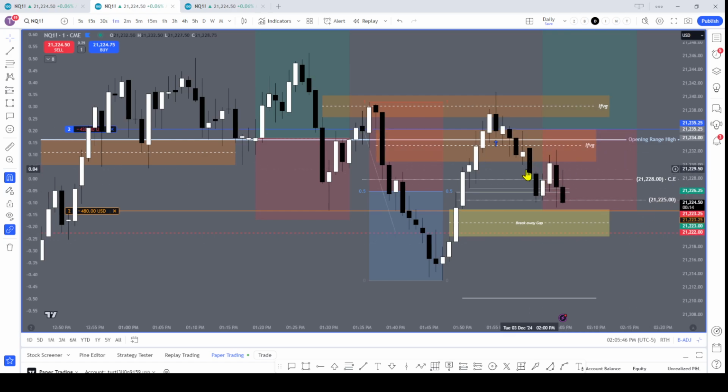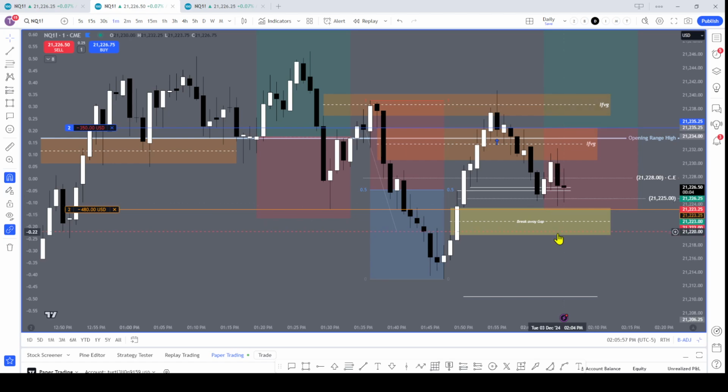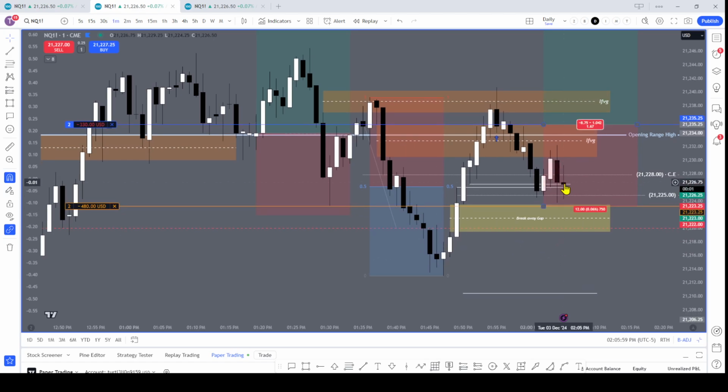Came back up in this to the SIBI one more time. Pushing lower again. I think it's gonna wanna take our stops.